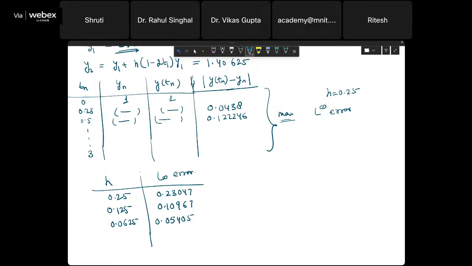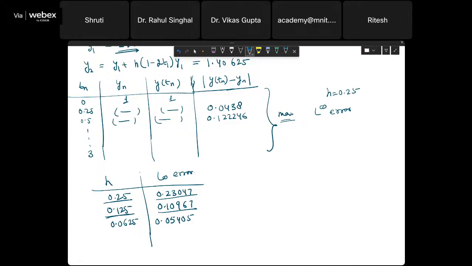So likewise we can list them out, and we observe that the error is decreasing when we take a smaller step size. The step size is half of the previous one, so we get almost half of the error as a result. The error is becoming less and less. This is what is expected here.